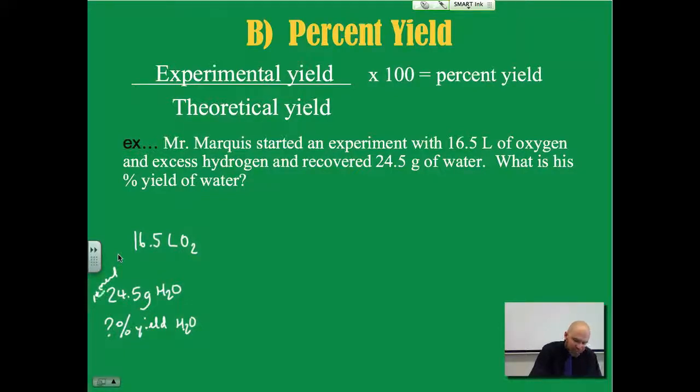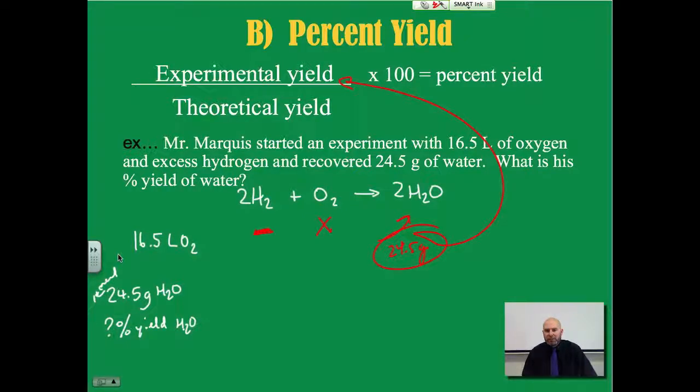Basically, I've used the same example here: hydrogen reacting with oxygen to produce water, and I should balance it. What I'm saying is I have a certain amount of oxygen. When I react it with plenty of hydrogen, I produce water. Now I get 24.5 grams. That's going to be my experimental yield.